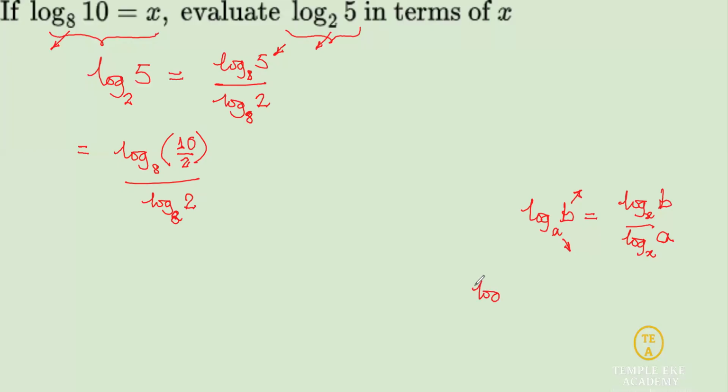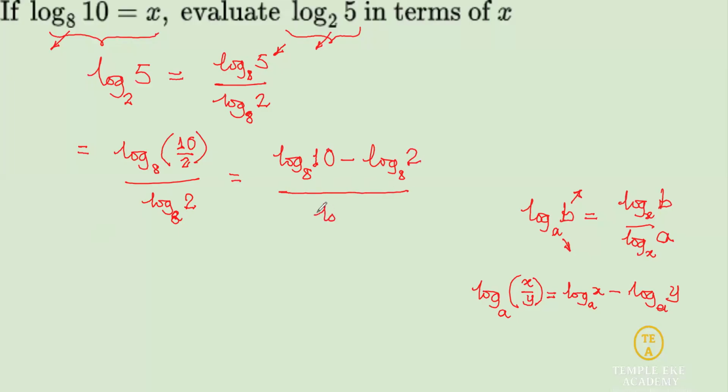If we have log to base A of the figure x upon y, we can do the reverse of the combination law by saying logarithm to base A of x minus logarithm to base A also of y. So we can apply that right away, and that would fetch us logarithm to base 8 of 10 minus logarithm to base 8 of 2, divided by logarithm to base 8 of 2, of course.